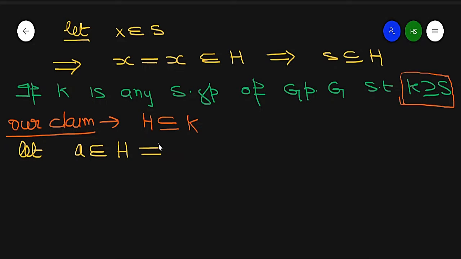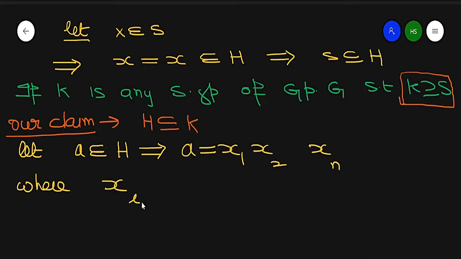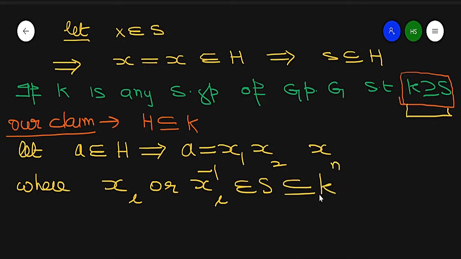So what does it mean? It means a can be written as x1, x2, ..., xn, where each xi or xi inverse belongs to S. By this condition, S is part of K, so it implies that the product belongs to K. So what is K?